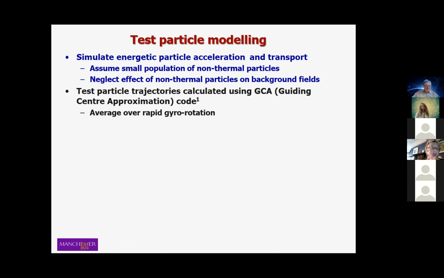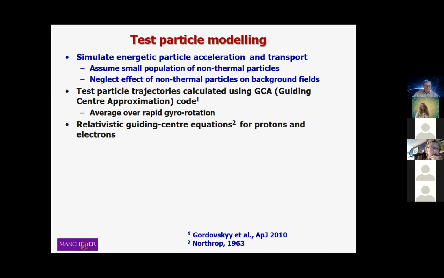So we generally calculate test particles using the GCA code, which was written by Mikola some years ago. And obviously the assumption of this is we average over the rapid gyro rotation, which is fine as we always have strong fields.